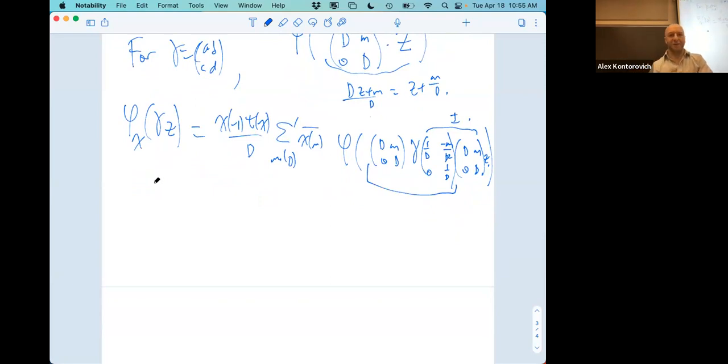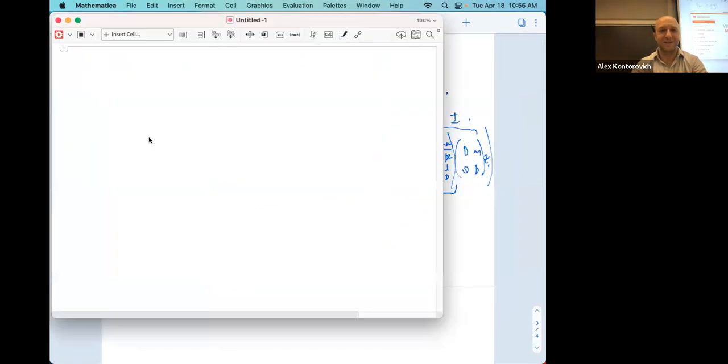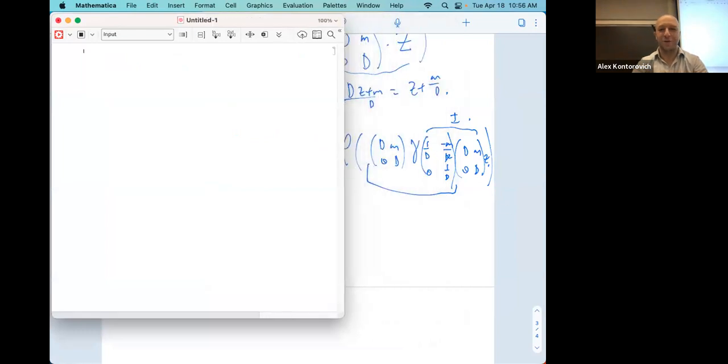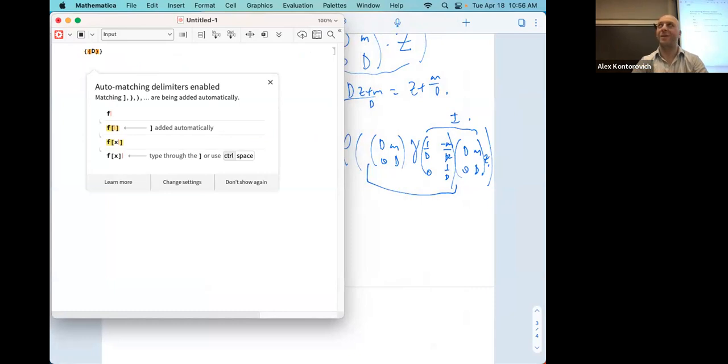Okay, so there's no substitute for calculation. Oh, maybe there is. Can I do it in Mathematica? This is where it starts getting tedious. The question is, what's faster? Okay, so I have a matrix d, d, m, 0, d. Oh, D means derivative.